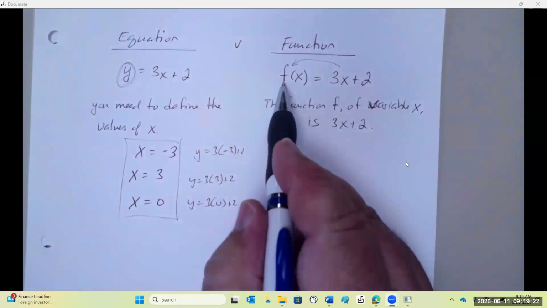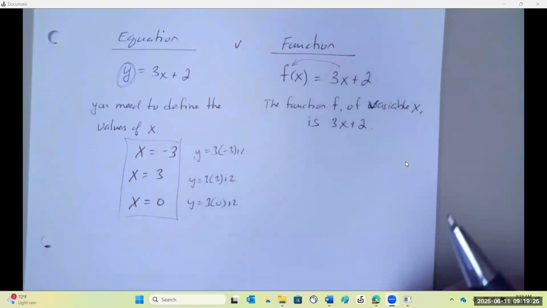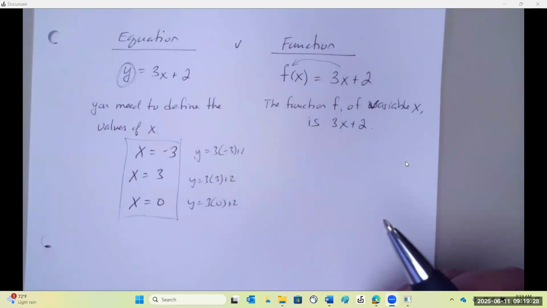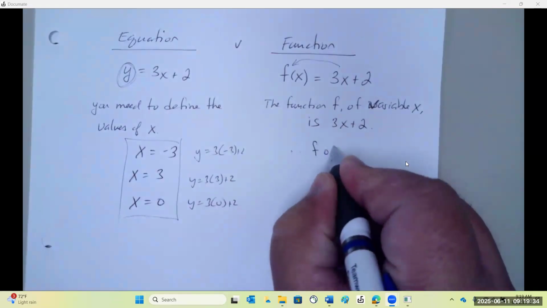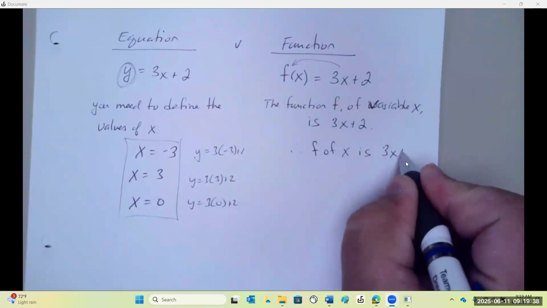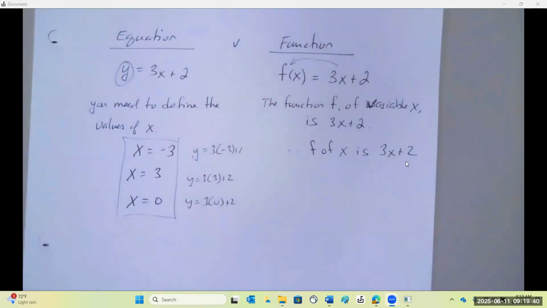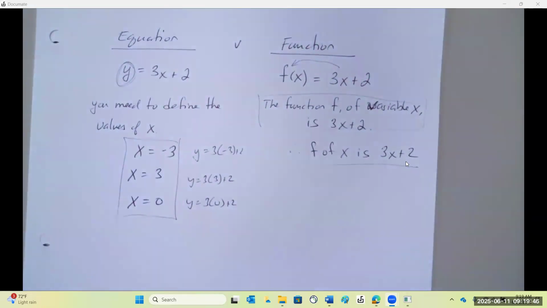The function f of variable x is equal to that. We shorten it to say f of x is 3x plus 2. So this whole sentence is shortened to that.